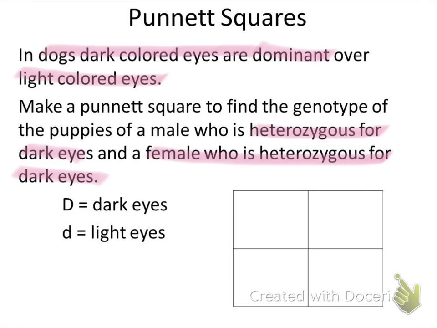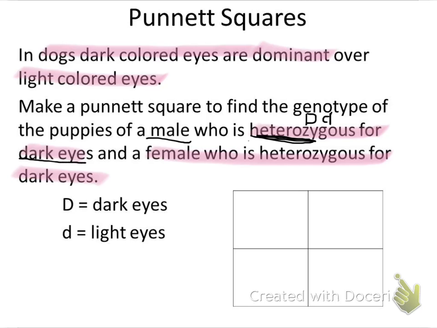Alright, our first step is to figure out what the parents' genotypes are. So let's look at this word heterozygous. Remember, hetero means different. If he is heterozygous for dark eyes, that means his alleles would be a capital D and a lowercase d. I know that because the 2 alleles have to be different. That's what this heterozygous means.